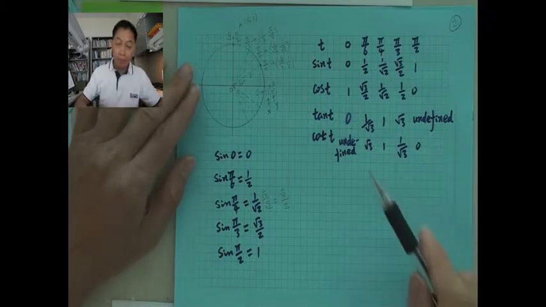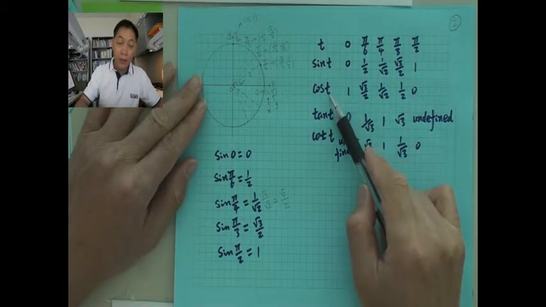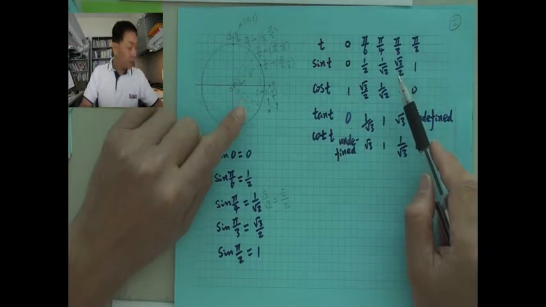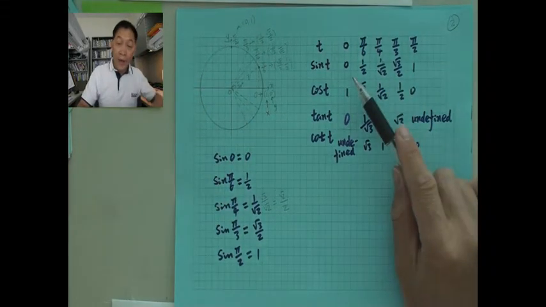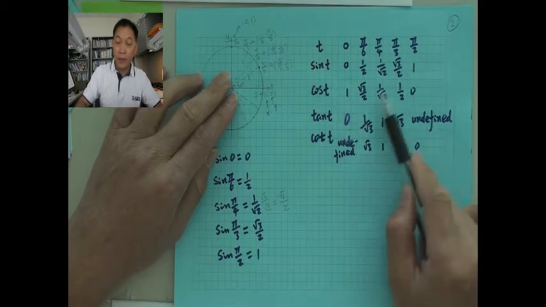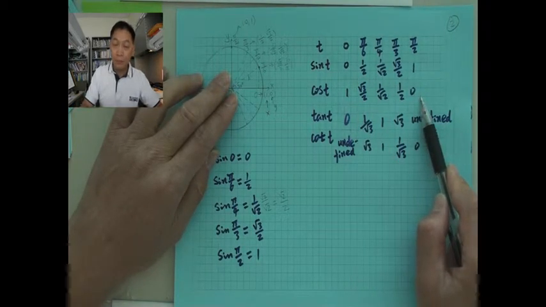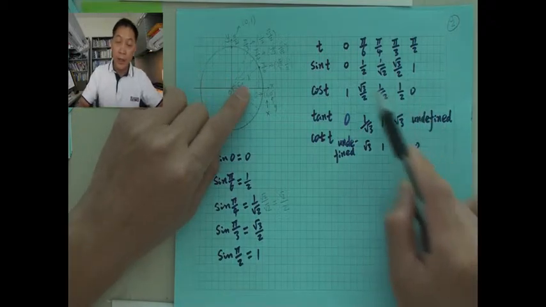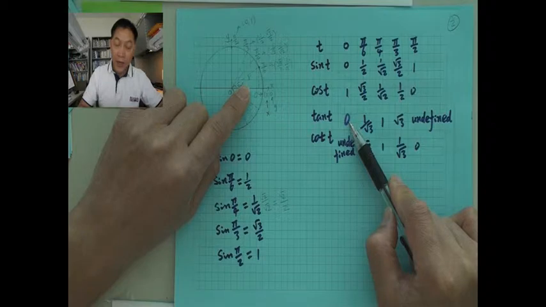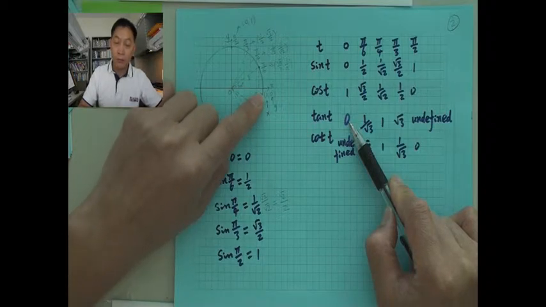That's about sine, cosine. Now tangent is just the y over x. Y is above, x is down here. Then 0 over 1 is 0. So tangent 0 is 0.